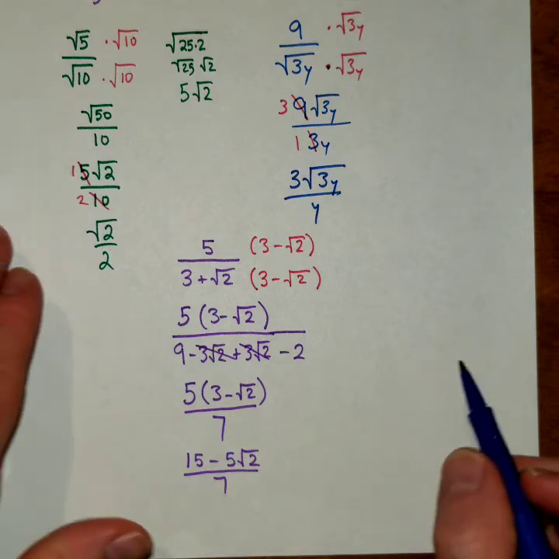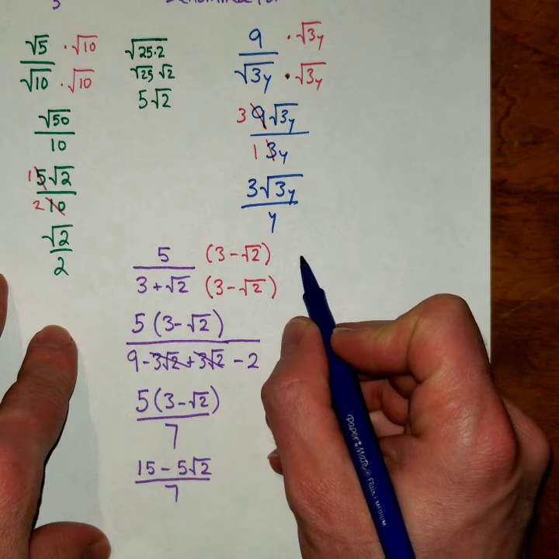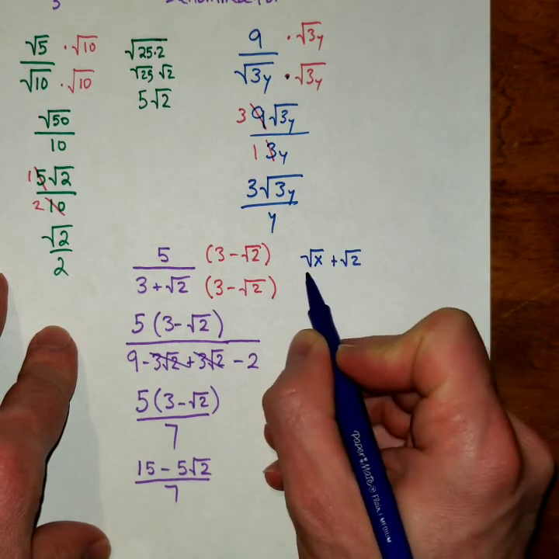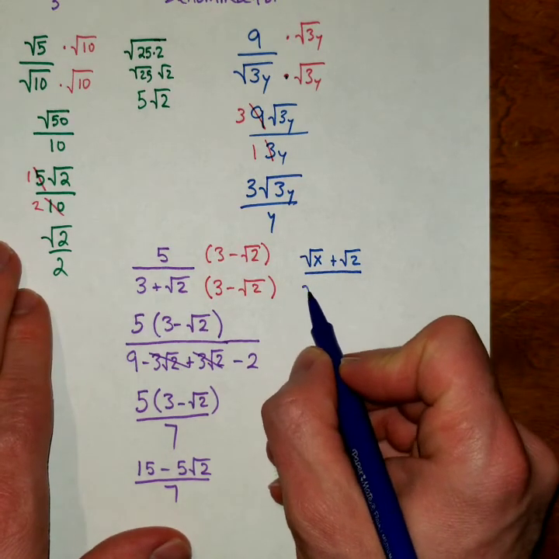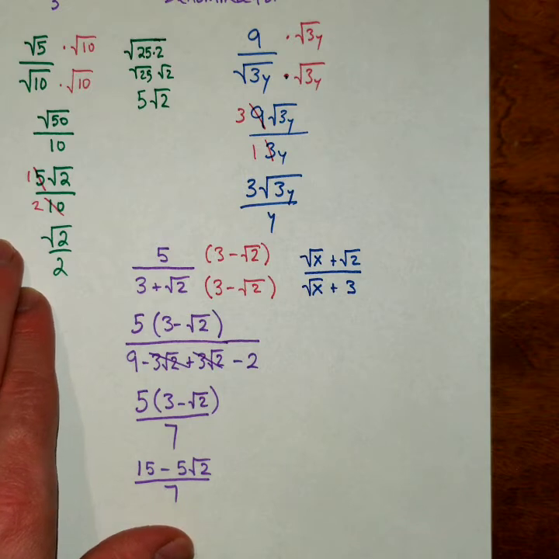Let's throw something in that has some variables in it. Let's go with the square root of x plus the square root of 2 over the square root of x plus 3 on the bottom.